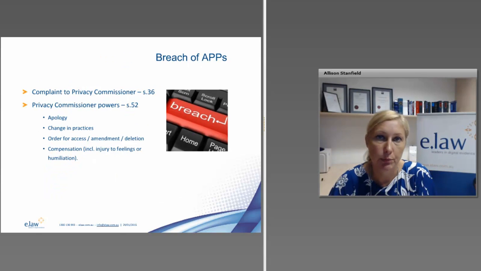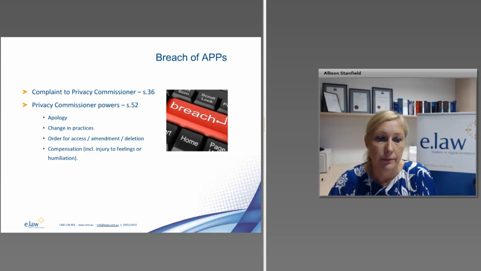What can the Privacy Commissioner do if there actually is a breach of privacy? Essentially, they do have powers. What are really the consequences? And does it result in, I guess, large payouts for those who have their privacy breached? Probably not.